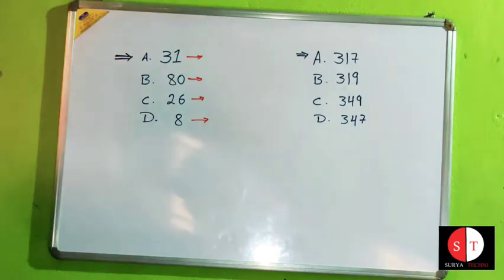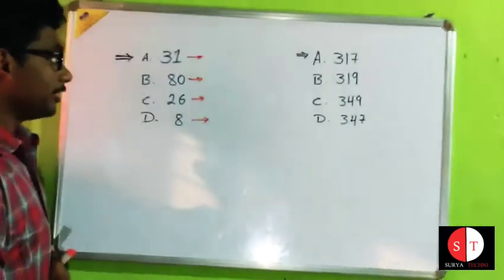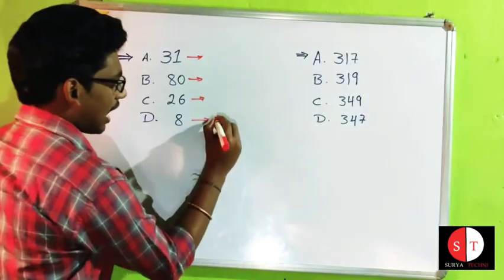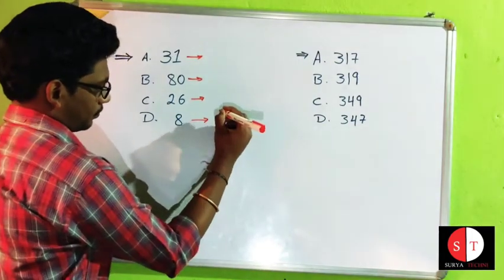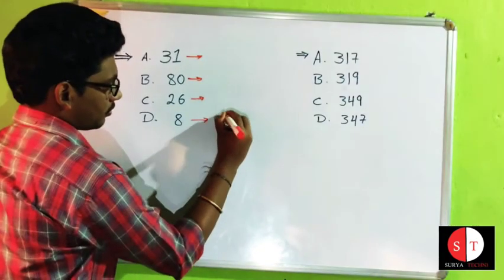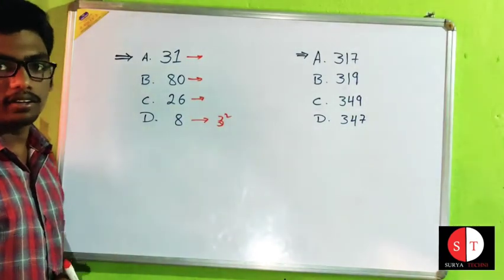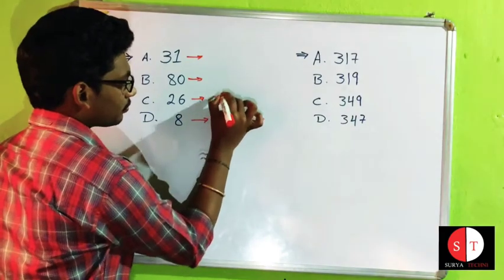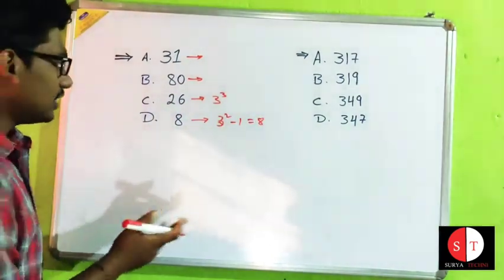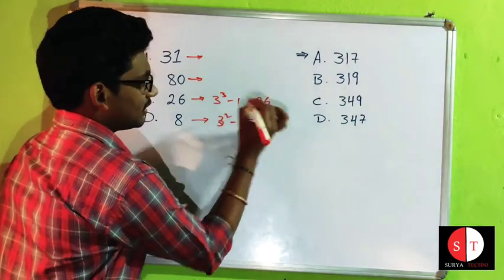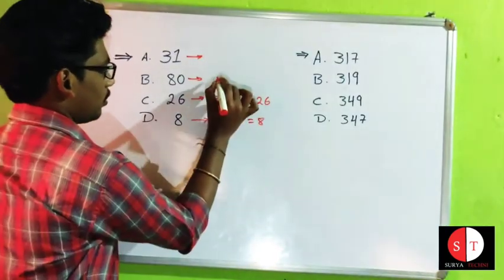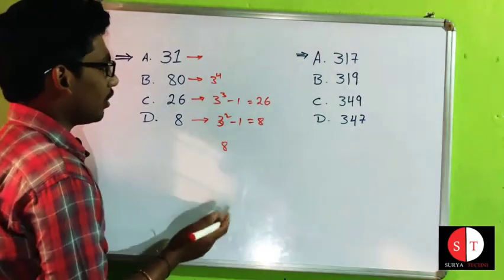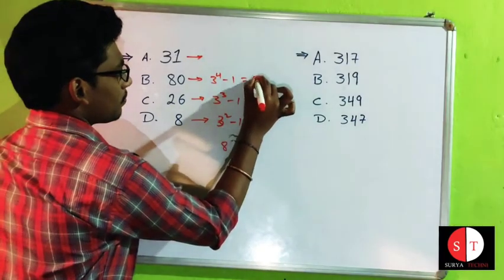Option A is 31, option B is 80, option C is 26, option D is 8. 3 square is 9, 9 minus 1 is 8. For 3 cube, 3 into 9 is 27, 27 minus 1 is 26. 3 power 4 is 81, 81 minus 1 is 80.